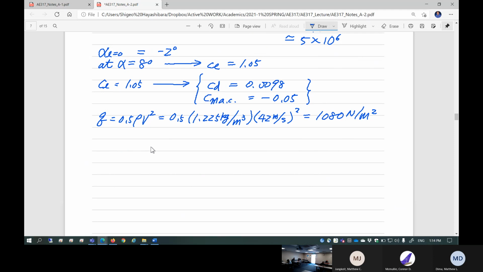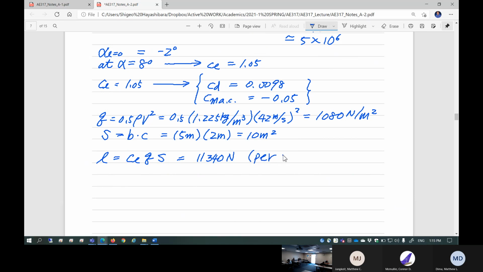So this is dynamic pressure. Planform area S is equal to span times chord length, 5 meter times 2 meter, so wing area is 10 square meters. How much lift do you have? CL times Q times S. If you plug in those values, you get about 11,340 Newton.